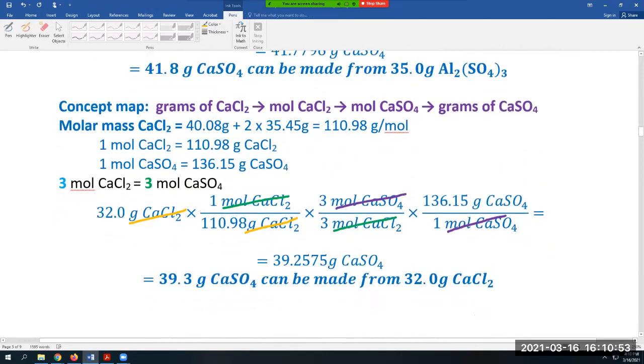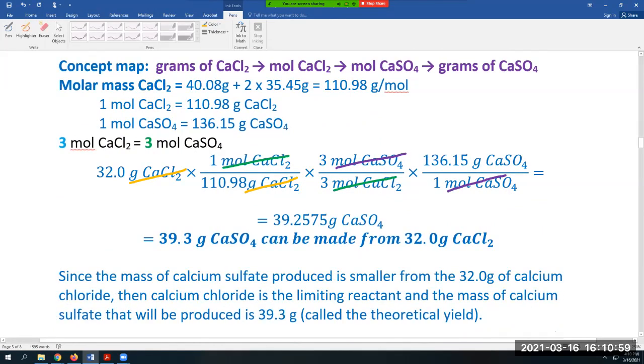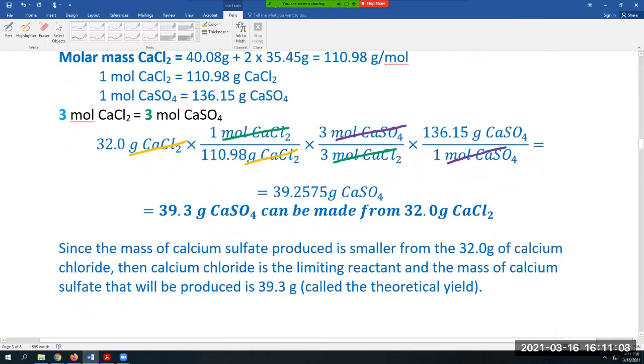So CaCl2 is your limiting reactant, right? Since the mass of calcium sulfate produced is smaller from the 32 grams of calcium chloride, calcium chloride is the limiting reactant. And this mass, the 39.3 grams of calcium sulfate that will be produced, is called the theoretical yield, right? It's what theoretically you can produce. It's the maximum amount you can produce.